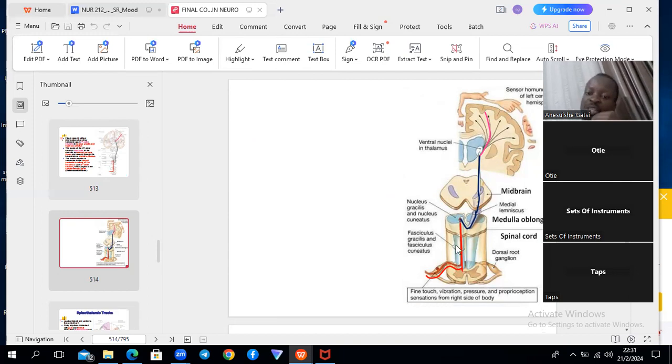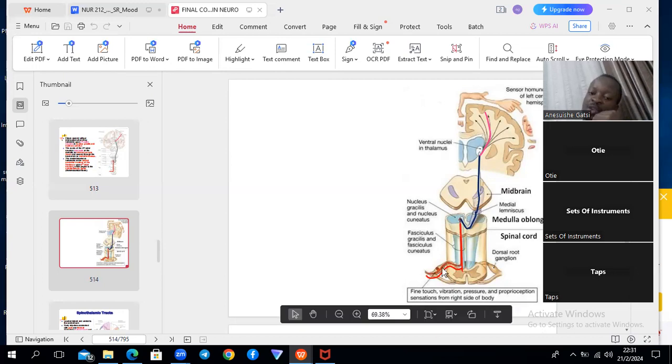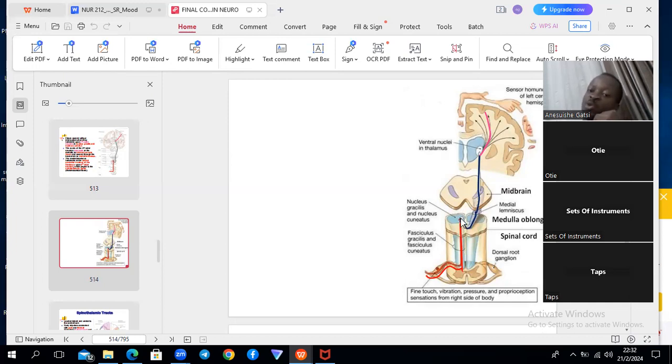So this is just a pathway that's trying to depict what I've been telling you. This is going to be the fasciculus gracilis and cuneatus on the same side in the spinal cord. Then in the medulla, it's going to synapse at the nucleus gracilis and nucleus cuneatus. Then I create these fibers that are decussating. The decussating fibers are what we call the internal arcuate fibers.